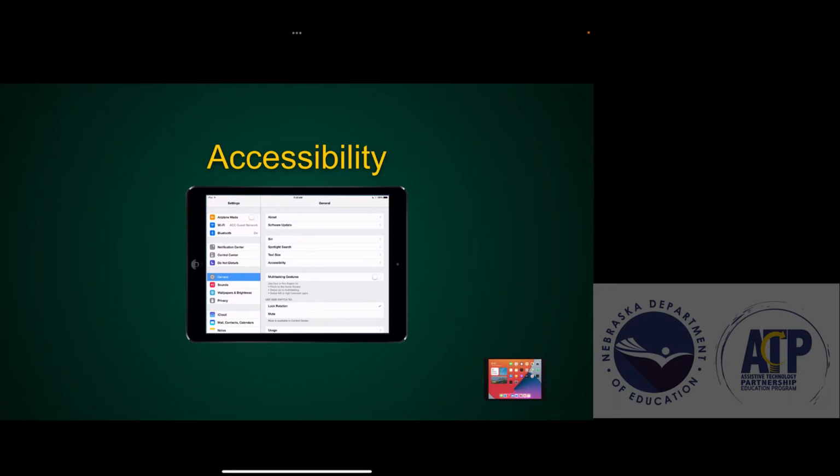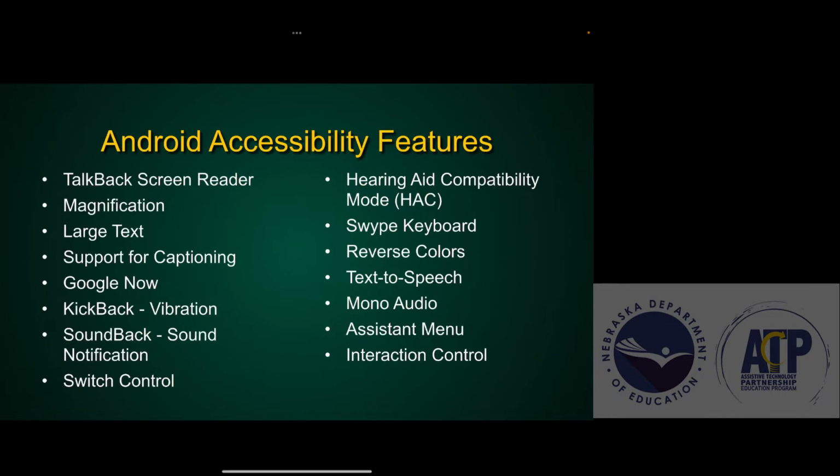So when we talk about all of these devices, one of the key components of those devices are those accessibility tools that are built into the operating systems of all of the devices. Those will allow us, once we get something into a digital format, to allow students to be able to access it. So it's very important that you understand and know where a lot of those accessibility features are. So Android really has a lot of accessibility features that are available.